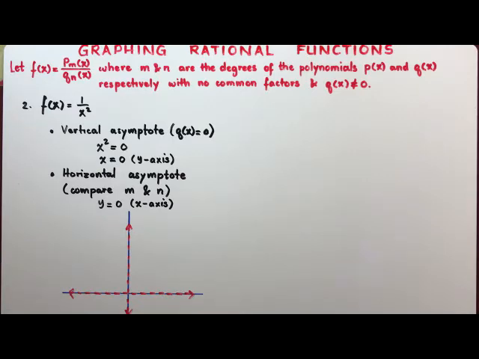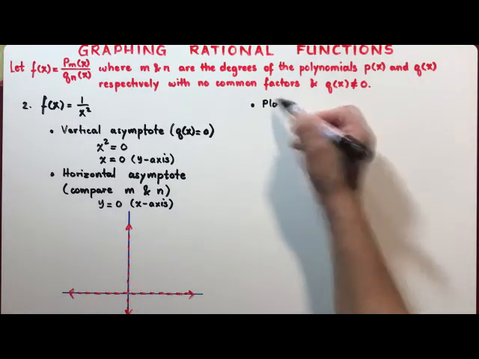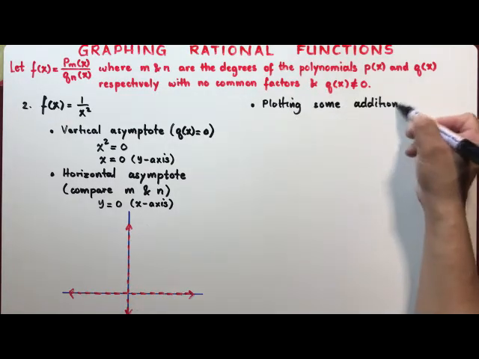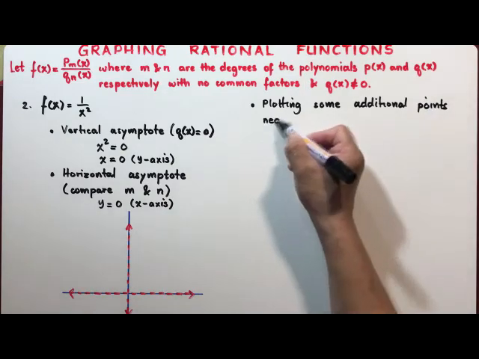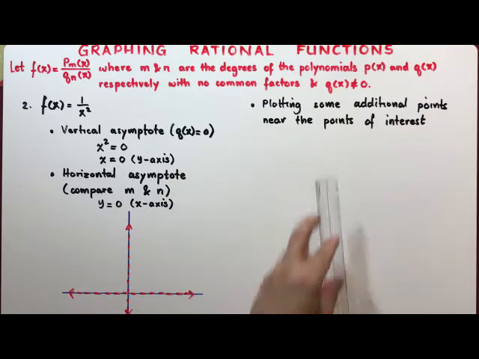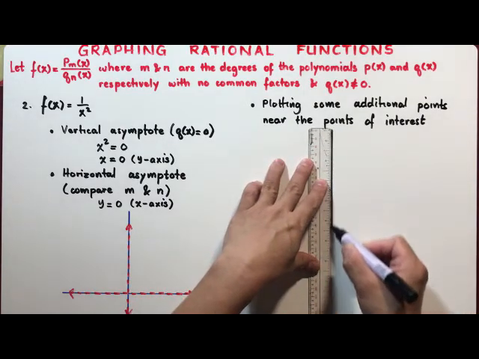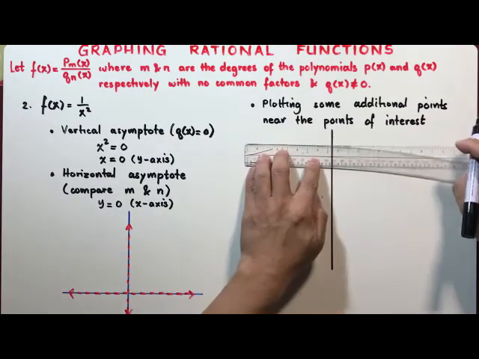So to determine the behavior of the graph, let us plot some additional points here. So let's have some values of x to be substituted to our function.